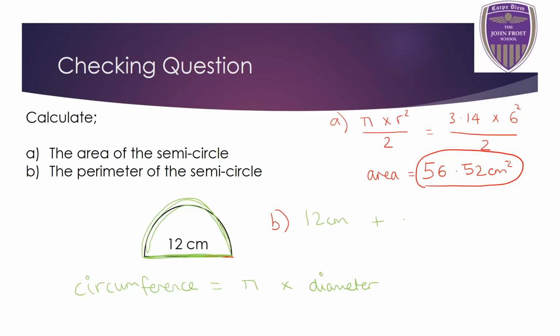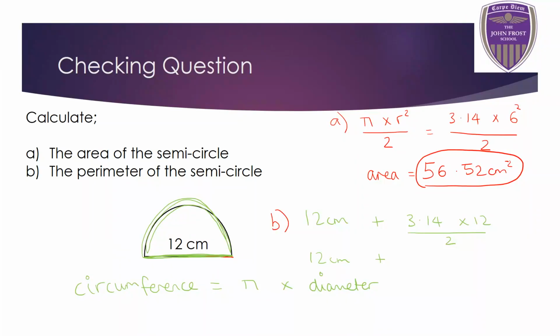Pi we know is 3.14, and the diameter is 12. Then we're going to halve it. So we keep the 12 centimeters that we started with. If you do 3.14 times 12, that gives you the whole circumference, but we only want half of it, so we divide that by 2.